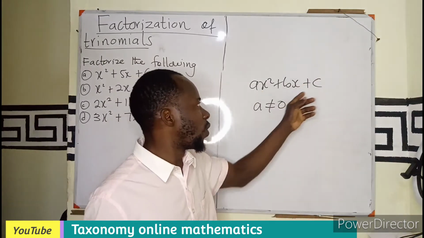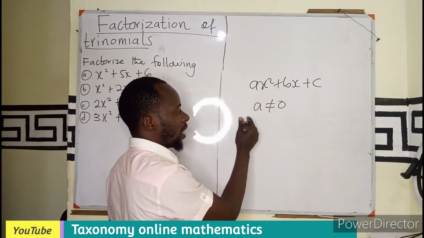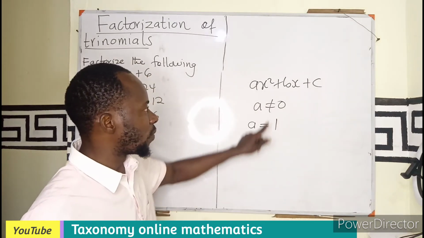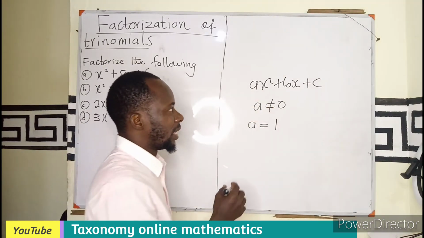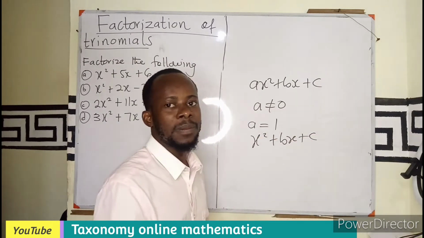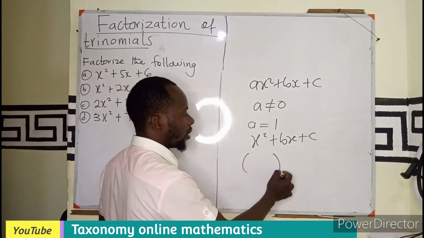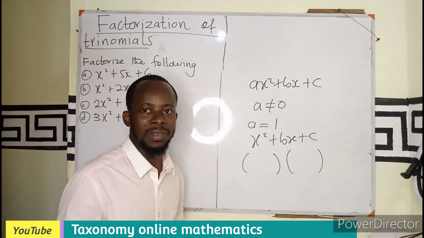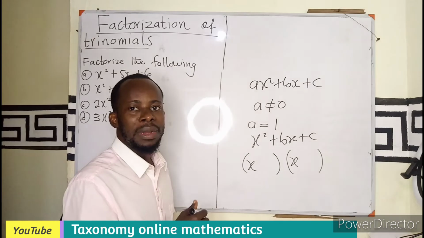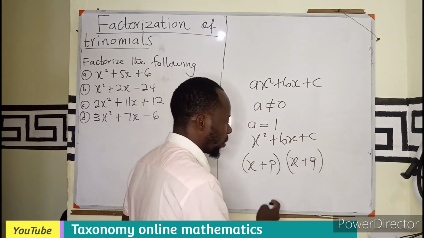Alright, so if you want to factorize this, if we have a equals 1, meaning the coefficient of x squared is 1, then we are left with only x squared plus bx plus c. If I'm asked to factorize this, it's just going to be factorization into 2 brackets, whereby x times x gives me my x squared, then plus p plus q.